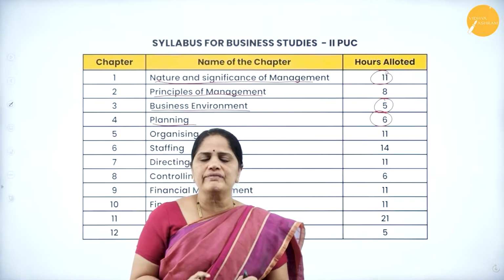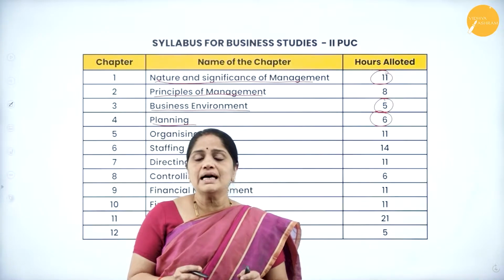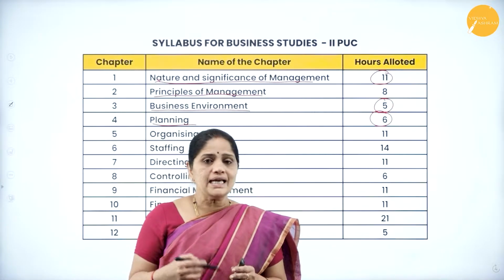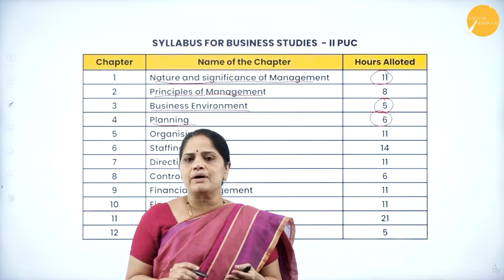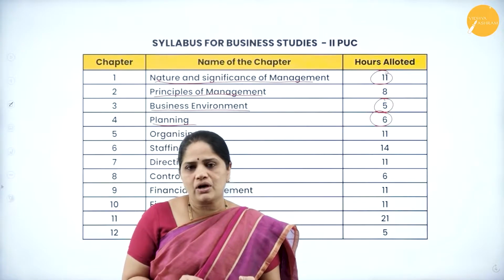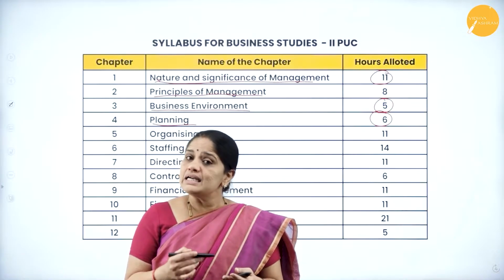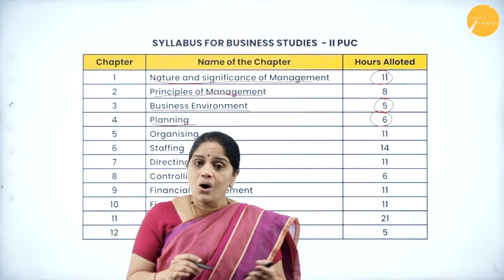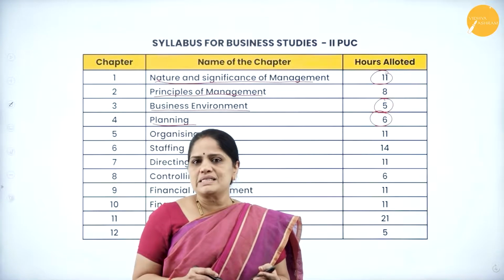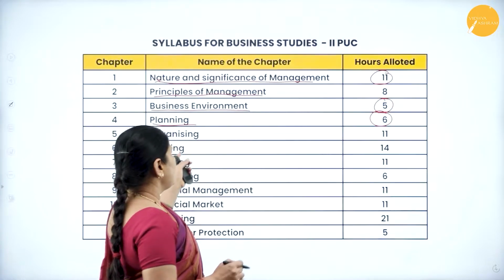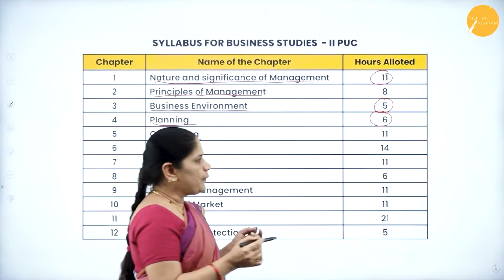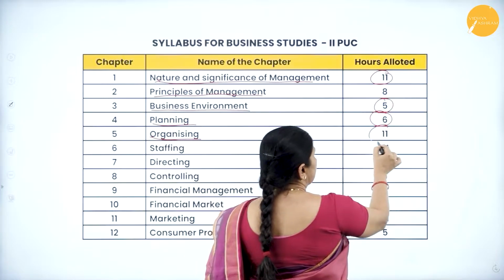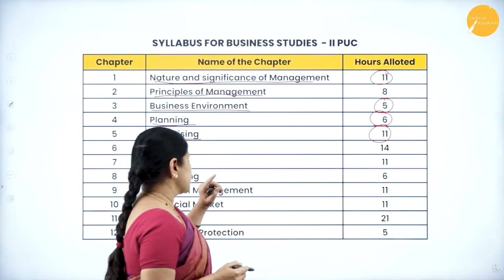We will also be seeing the authority-responsibility relationships, and finally we will be studying what is delegation of authority and decentralization. All these things we will be studying in this chapter called organizing. It is a huge, vast chapter, so it will almost take 11 hours for discussion.